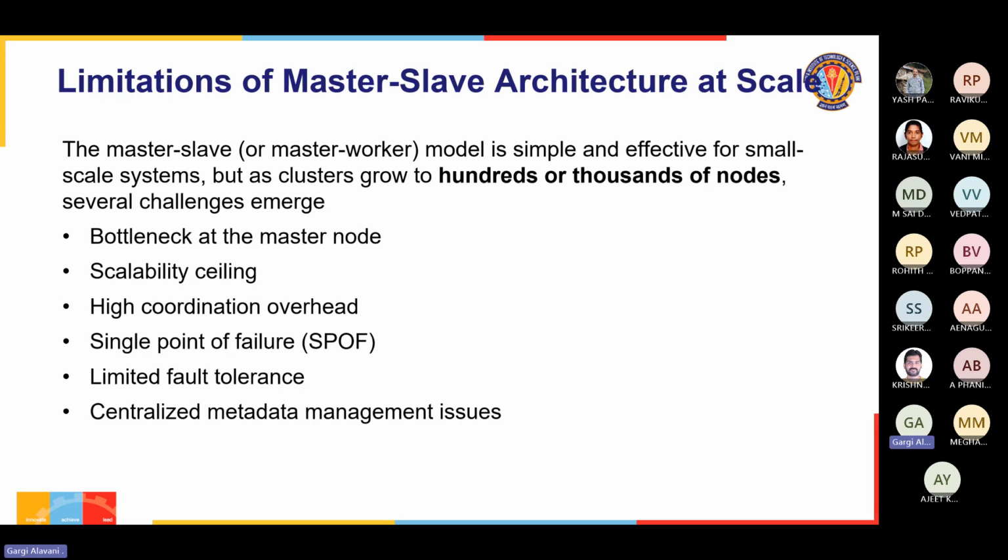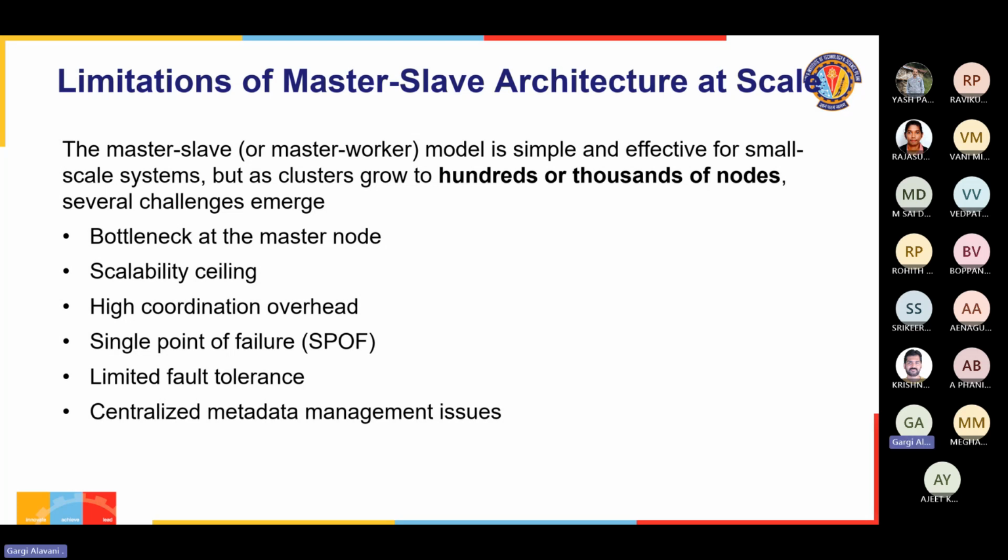It also has to take care of the state and heartbeats of all the workers. It should check if the worker is working, if there is an issue with the worker. So the more workers you add, the more time is spent on this coordination overhead, that is, basically communication and bookkeeping of each of the workers.